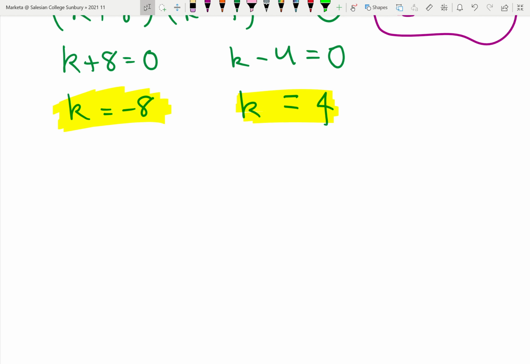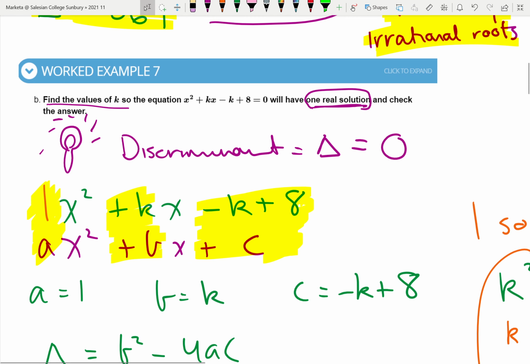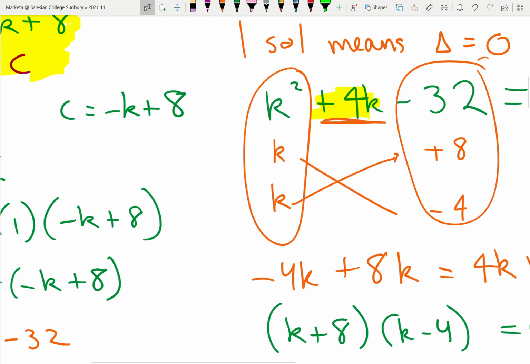They also ask us to check the answer. I'm just going to double check the wording there. So we found the value of k for which the equation has one real solution, and check the answer. Okay, let's check the answer. So this is our equation here, x squared plus kx minus k plus 8 equals 0.